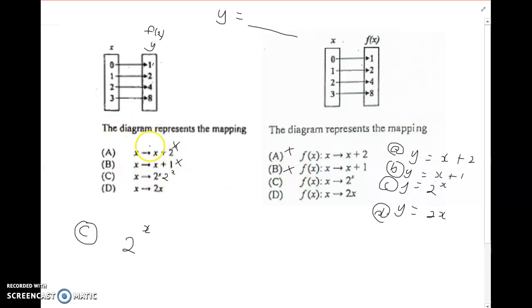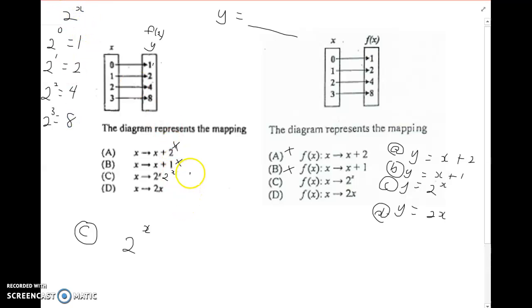Let's check 2 to the power x. So 2 to the power 0, anything to the power 0 is 1. So we get the 1 there. 2 to the power 1 is 2. So we have the 2 there. 2 to the power 2 is 2 times 2, 4. 2 to the power 3 is 2 times 2 times 2, which is 8.